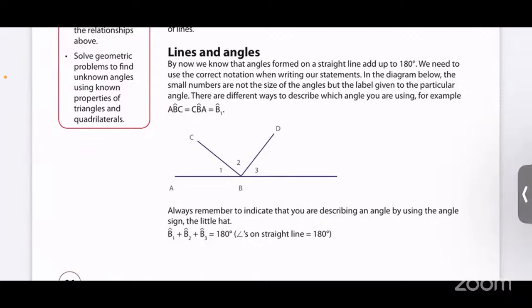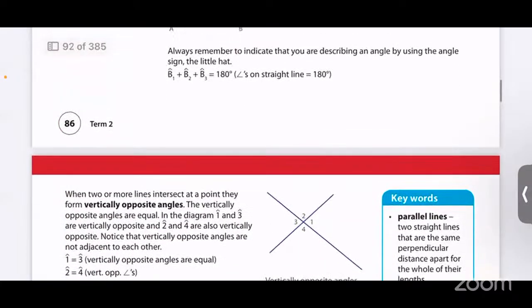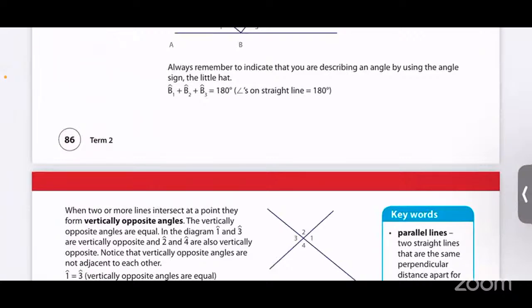We need to use the correct notation when writing our statement. In the diagram below, the small numbers are not the size of angles, but the label given to a particular angle. There are different ways to describe which angle you are using. For example, angle ABC is equal to angle CBA is equal to angle B1. So we've got angle B1, angle B2, angle B3. If we add up all these angles, they give us a straight line, which is 180 degrees.